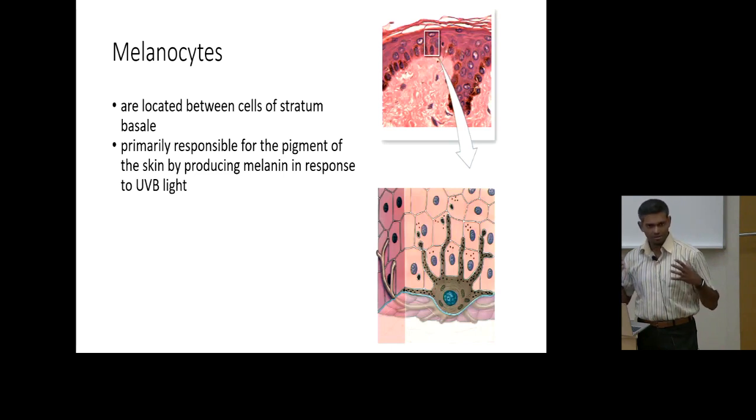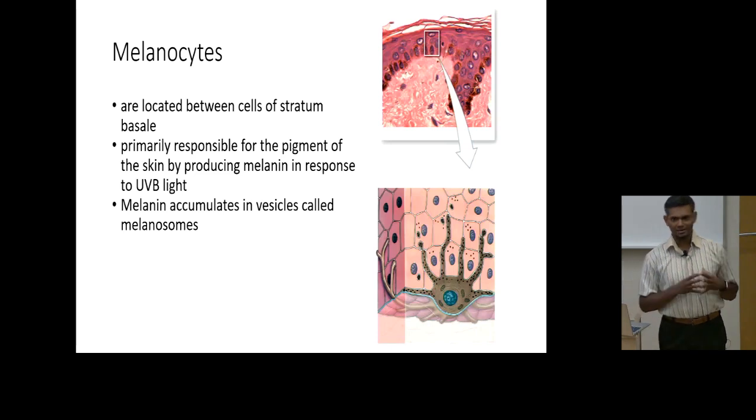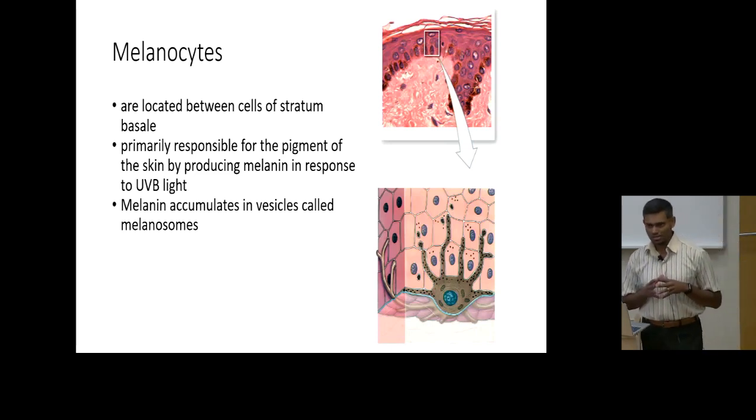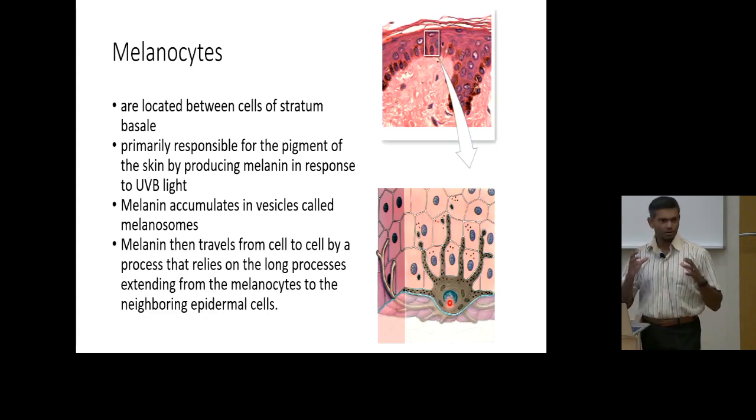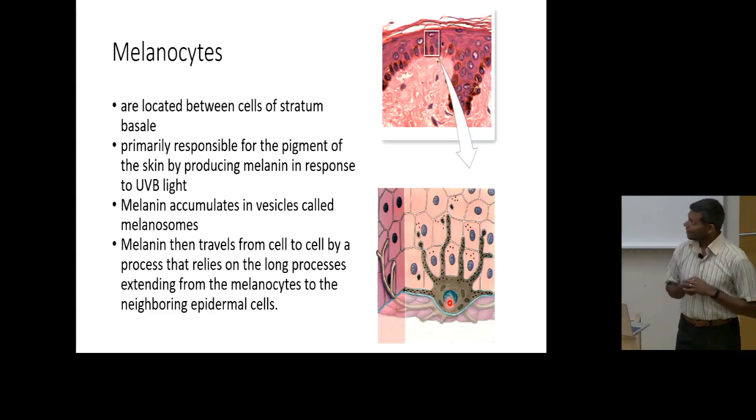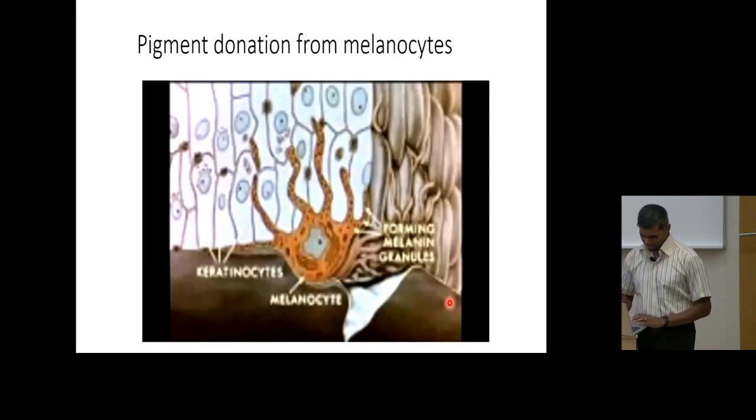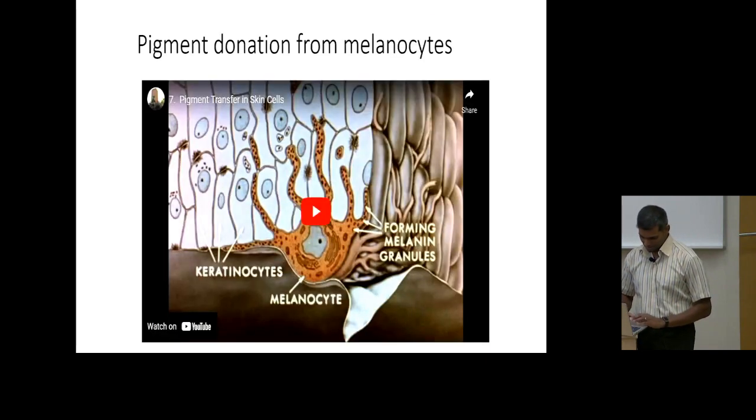And these melanin pigments are packaged in vesicles known as melanosomes, and these melanosomes are passed on to the surrounding keratinocytes. How these pigments are donated is through long dendritic processes, and that's how these pigments are transported. And rather than telling you how exactly it happens, I'm going to show you a fun video.